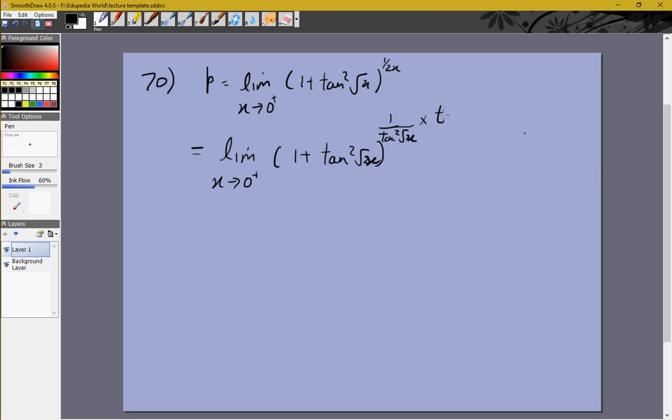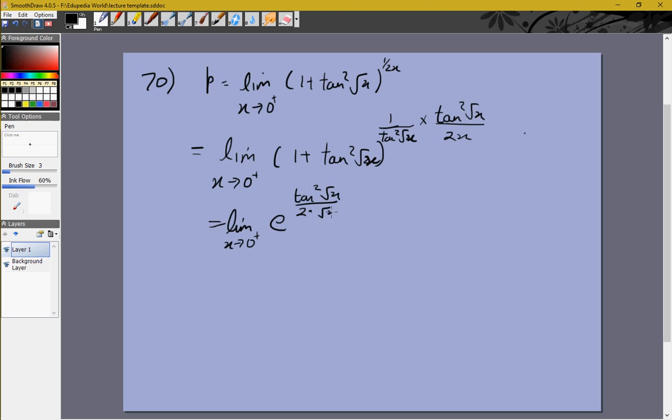What is left with is tan square root x divided by 2x, and the first part is just simply e, because limit x goes to 0, (1 plus y) to the power 1 by y is e. So there's still another limit remaining, e to the power of the limit of tan square root x by 2x.